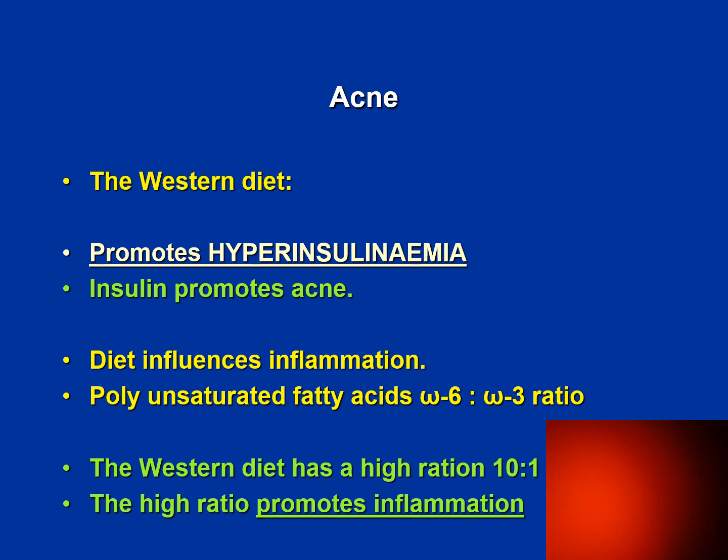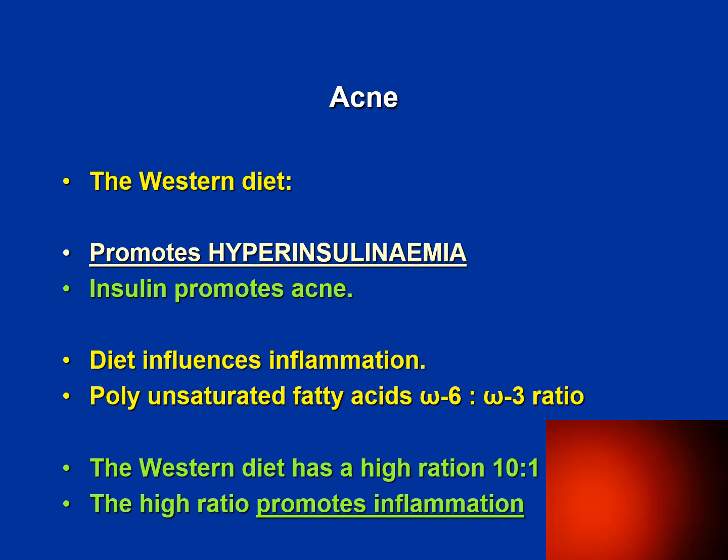The ratio of polyunsaturated fatty acids W6 to W3 is high in the Western diet. In the typical Western diet, the ratio is about 10 to 1. The W6 polyunsaturated fatty acids promote inflammation, whereas the W3 polyunsaturated fatty acids reduce inflammation.